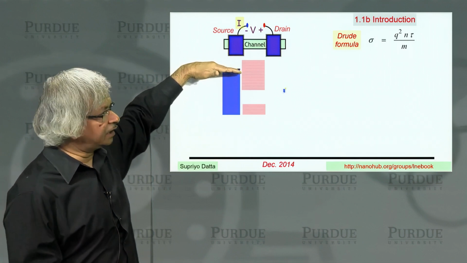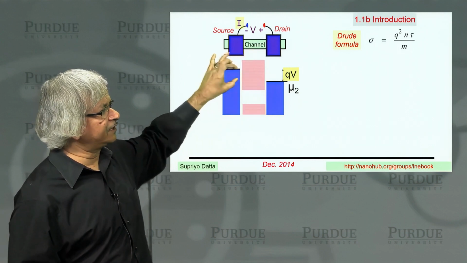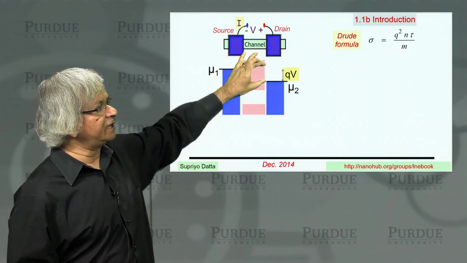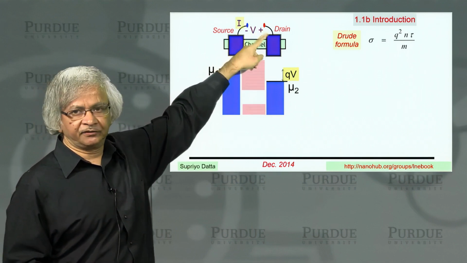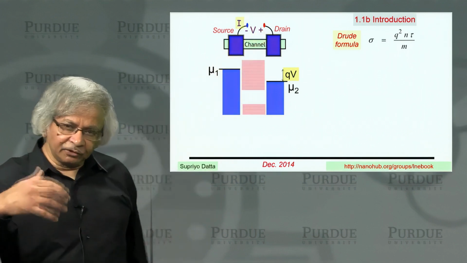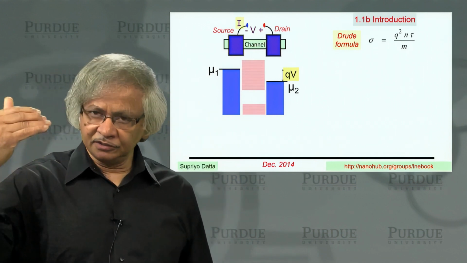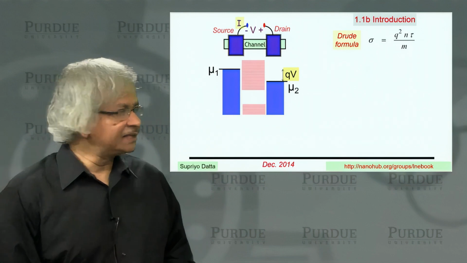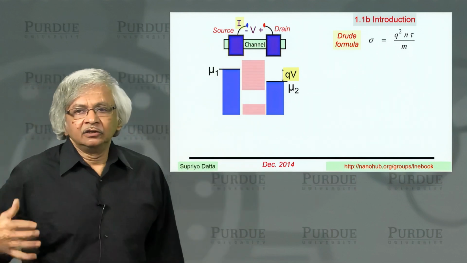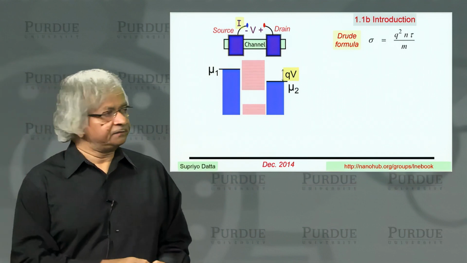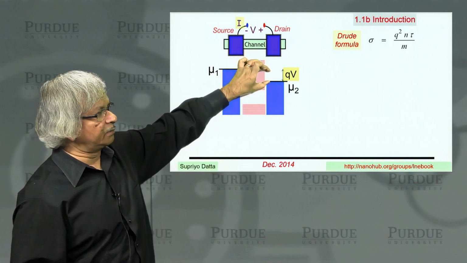Now if you go to the other contact, there also you have a similar situation, except that everything is lowered by the amount of the applied voltage. That is, because you have applied this positive voltage on the drain side, the positive voltage lowers all the energy levels by an amount equal to Q times V, because this is what you call the electron energy diagram. So positive voltage lowers the electron energy. So you have a similar picture as here, but it is lowered by QV.